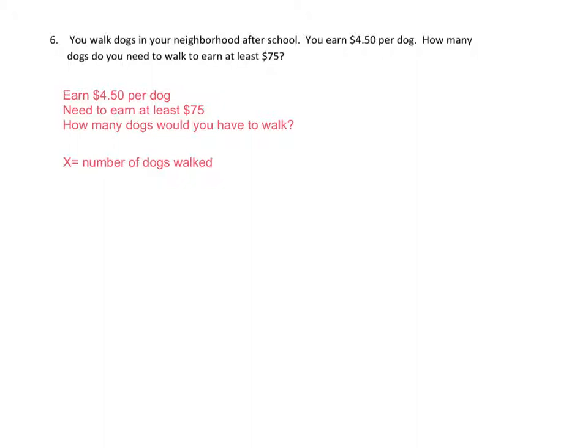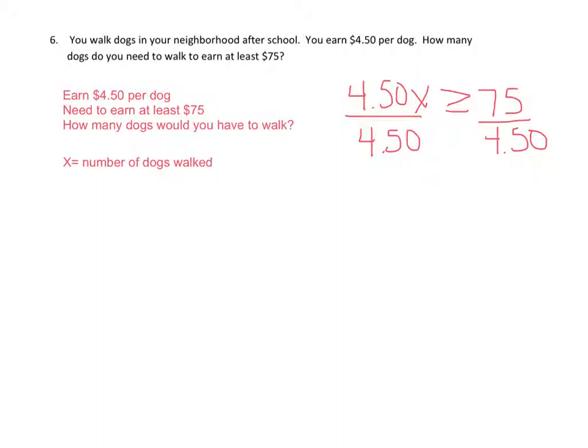So we'll start by putting greater than or equal to $75. And you earn $4.50 per dog, and x is the number of dogs, so we have $4.50x. Okay, we can go about solving this just like a regular equation, except it's an inequality, so we do want to keep our inequality sign and not an equal sign.